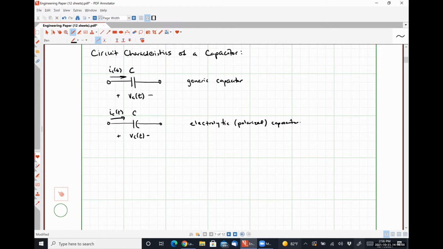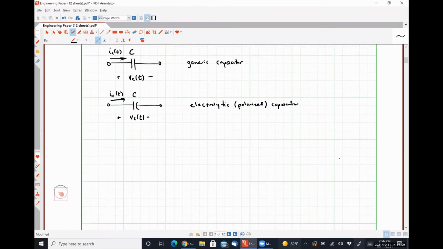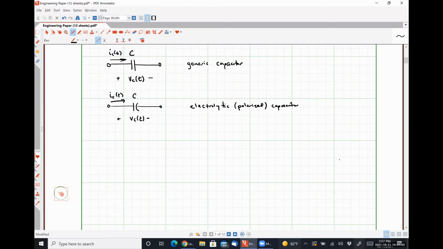All right. So we know that electrical current, by definition, is the derivative of charge with respect to time.